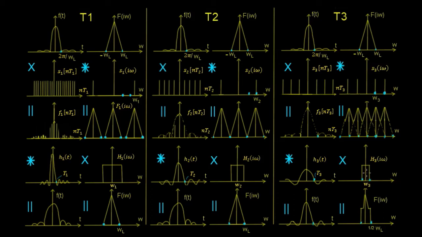Now again, if we were to look at that in the time domain, if we took the inverse transform of this square function, it would give us this sinc function here, and whenever we convolve this sinc function with this raised digital sinc function, we would get this function down here, which again would be another type of sinc function. But this function here is not the same as the original function.